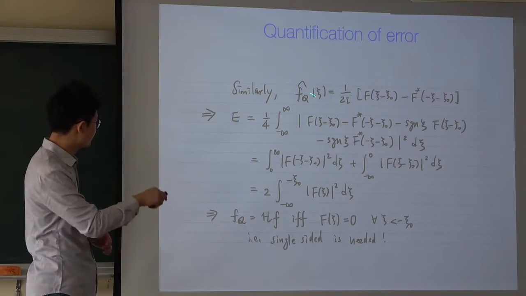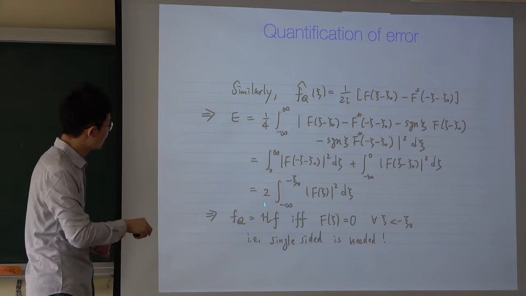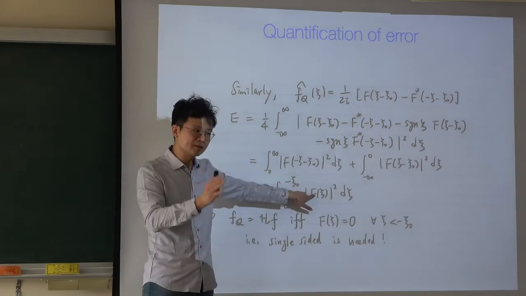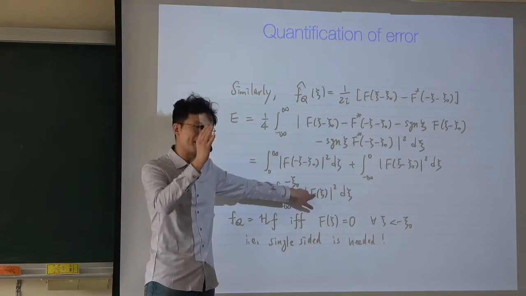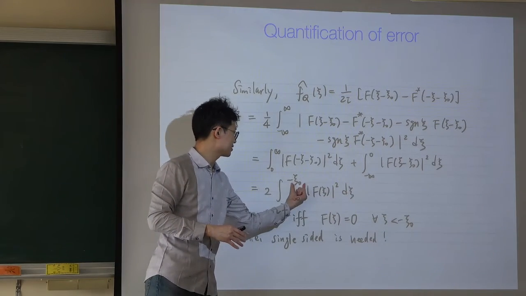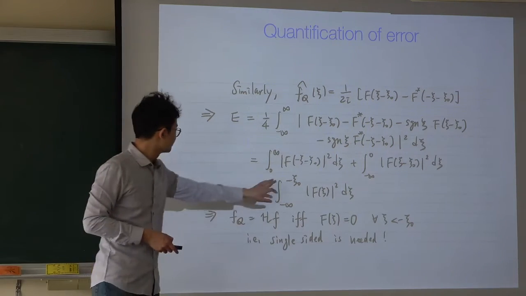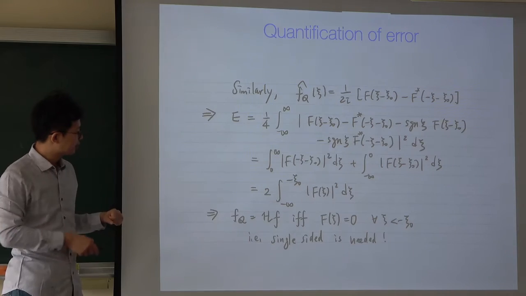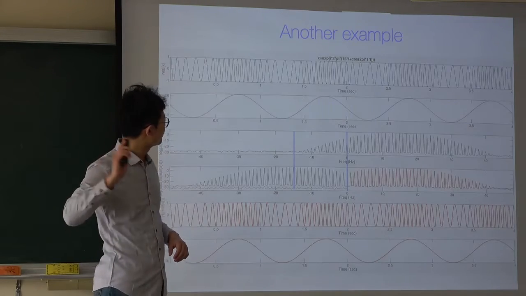Then you can manipulate and finally get the error quantification, which is actually the non-single-sided-band content energy less than minus C0. Okay, so that also tells you when FQ is equivalent to the Hilbert transform, if this holds. So that is the quantification of the error.